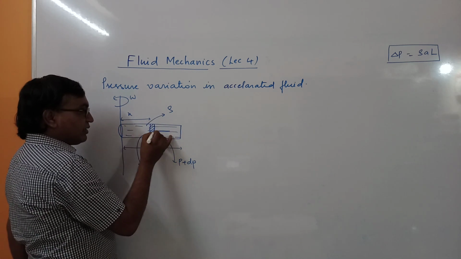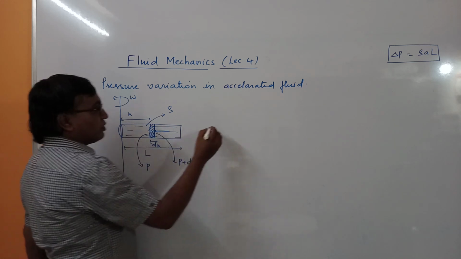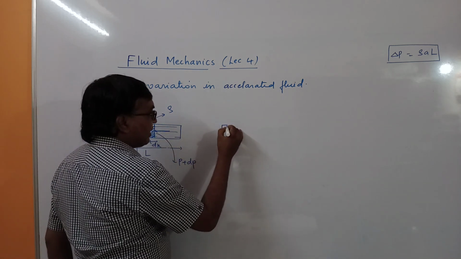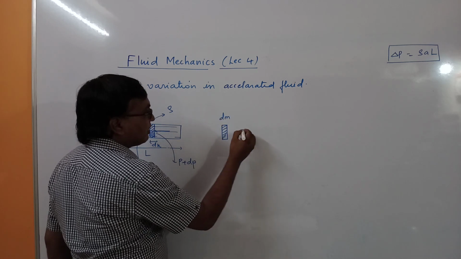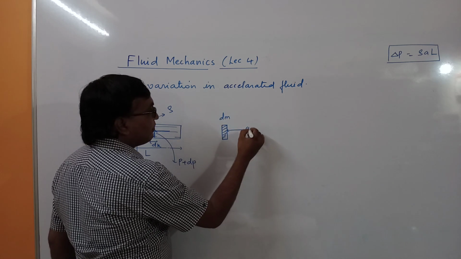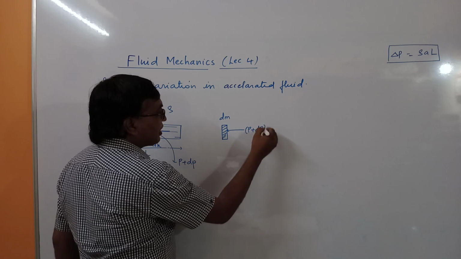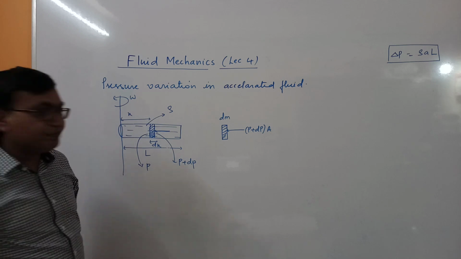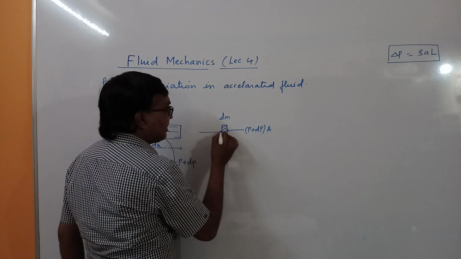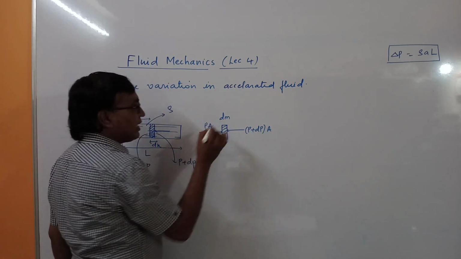So if you take this small element, its mass is dm. From this side, P plus dP is the pressure, into the area of cross section of this tube. And from this side there is a pressure P into area.